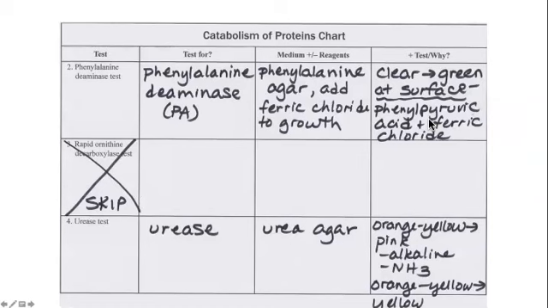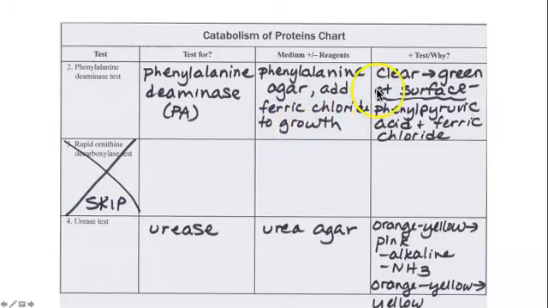So those two tests are depicted on this chart here. We have phenylalanine deaminase. We use the phenylalanine agar, and then for the second day we add ferric chloride to the growth at the surface.